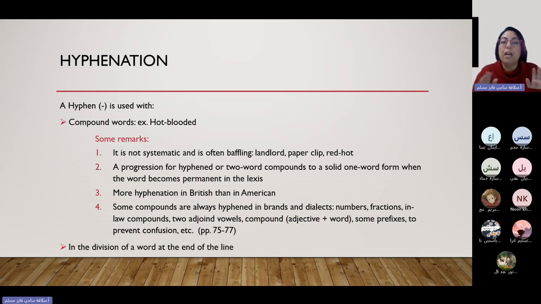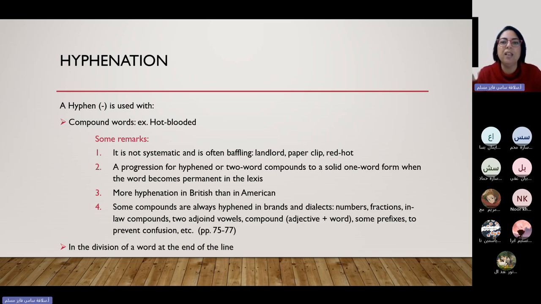Okay? So until then, we have to learn these words by heart. How do we write them? If they have hyphens, if they are two separate words, a combination of two separate words, or if they are one word. So in British English, we have more hyphenation than American English.